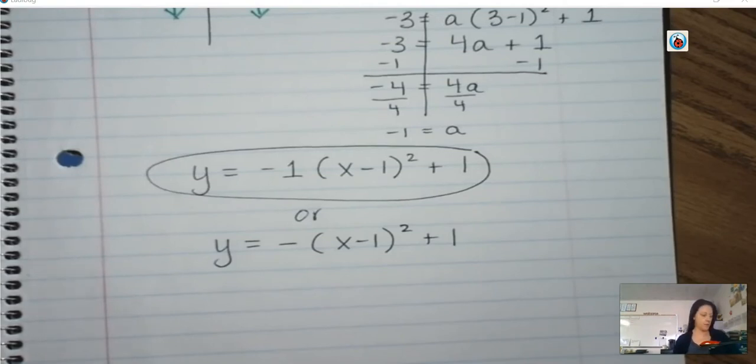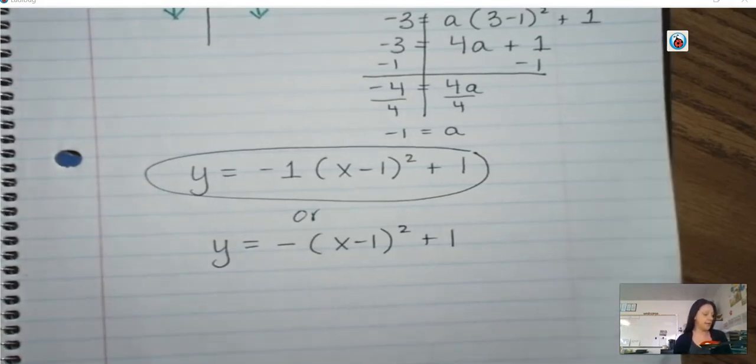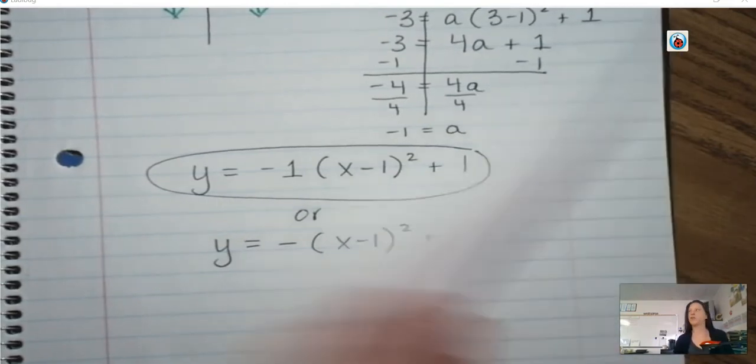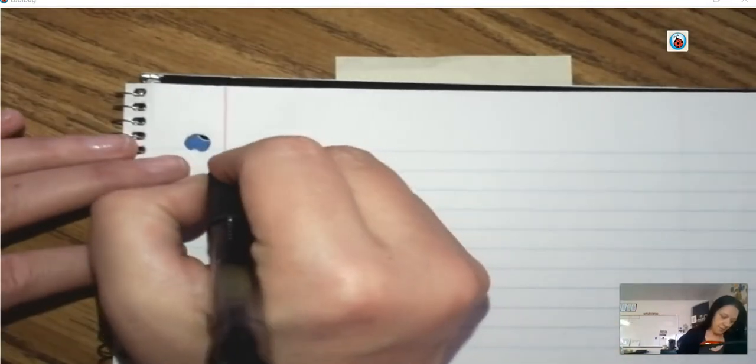Okay, last one we're doing. A roofer accidentally drops a nail which falls to the ground. The nail's height above the ground is given by this function, t seconds after the nail drops. Write the equation for it. Okay, so here's the graph for number 8.